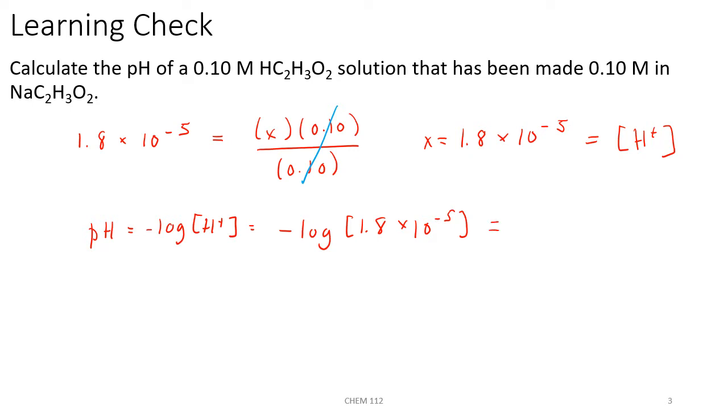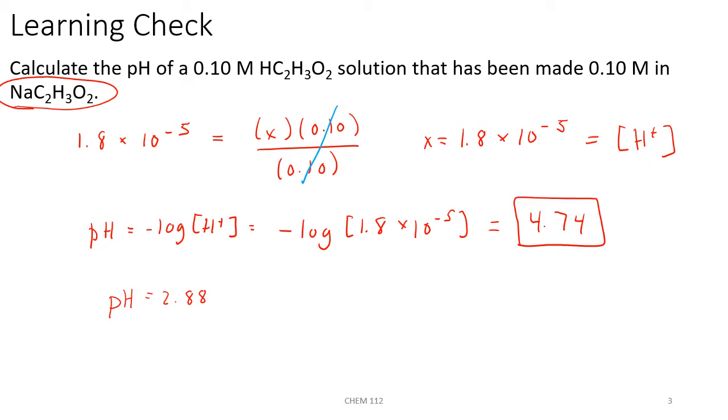And that gives us a pH of about 4.74. So when we had just a 0.1 molar acetic acid solution in a previous problem, our pH was equal to about 2.88. And when we made up a weak acid solution with a common ion, sodium acetate, our pH jumped up to 4.74.